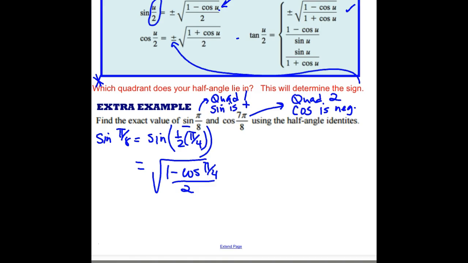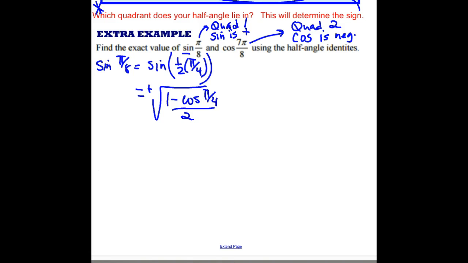And which sign did we say we needed in front of that? The positive one. Well, what is cosine of pi over 4? So let's replace that. 1 minus root 2 over 2, divided by a 2.